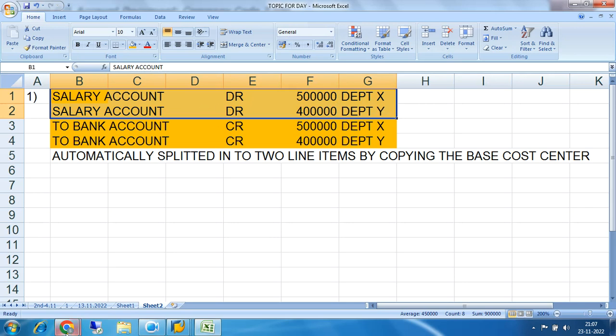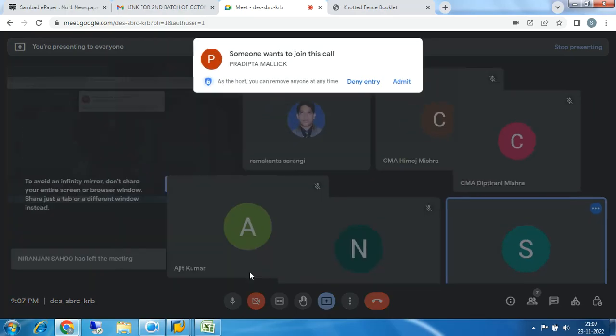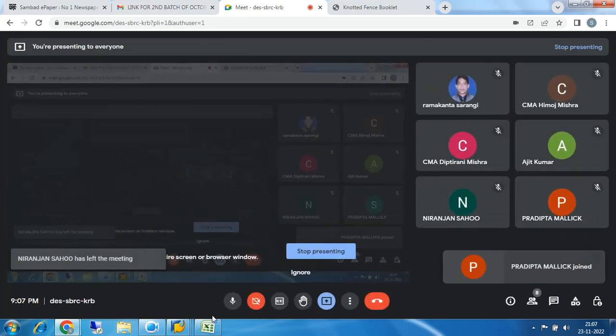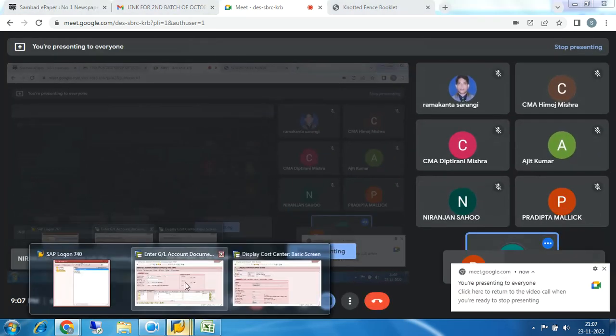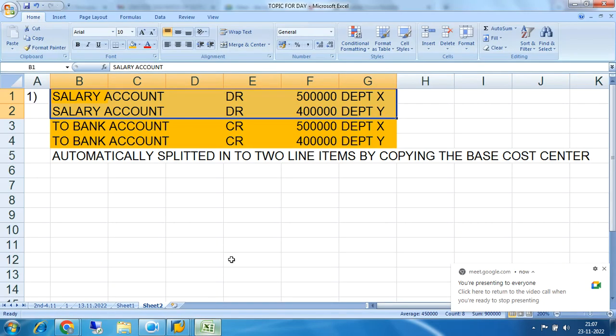So in this case, what happens? Your balance sheet.